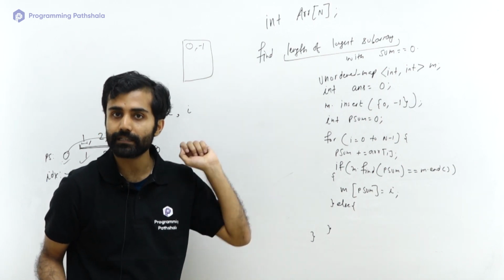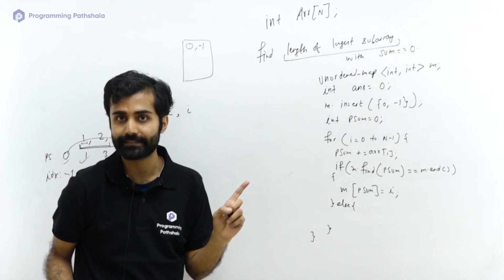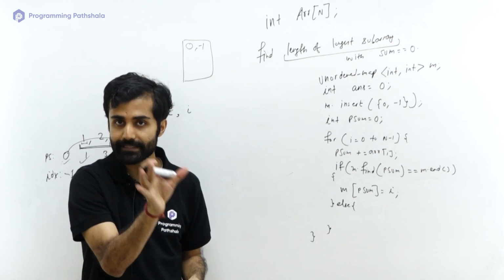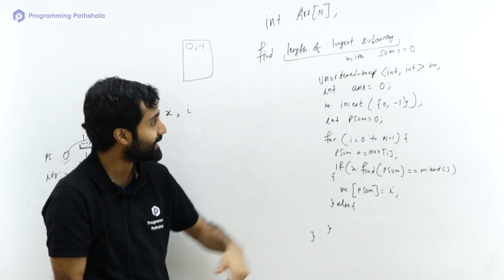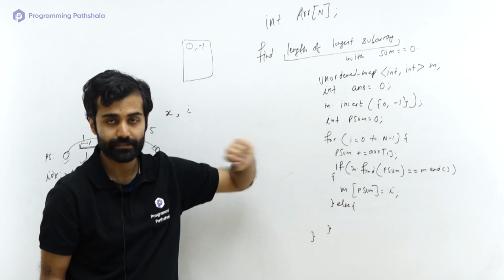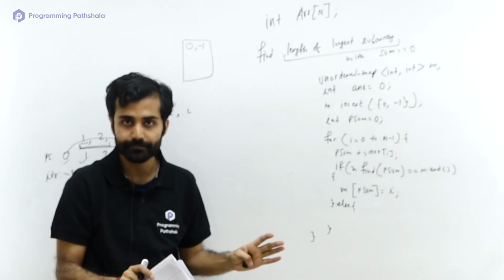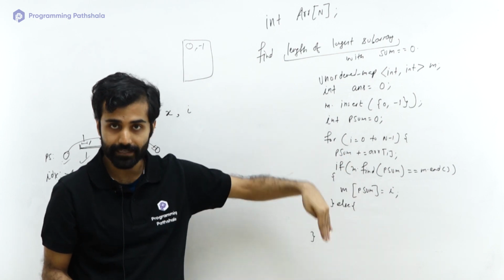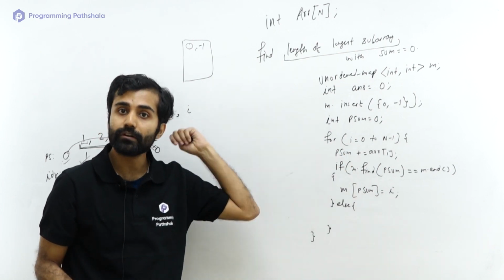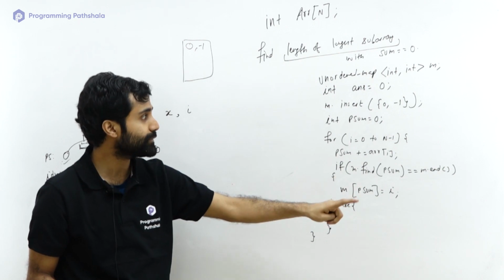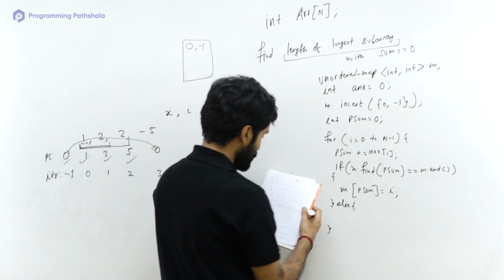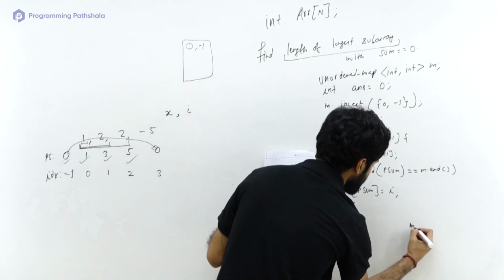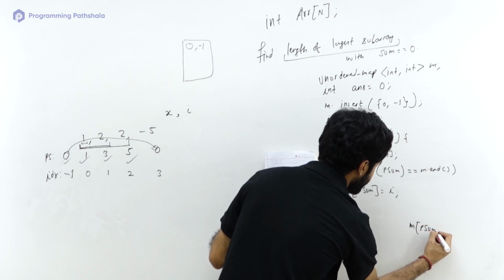Because it had already occurred, I should not update the index, right? Rather, I should measure the gap, and if that gap is greater than my answer, I should update my answer. So tell me, what would the gap be? Your current index is i, where this prefix sum is occurring, and its index of first occurrence must have been stored in my map. So the index of first occurrence can be gotten in this manner, m of psum.